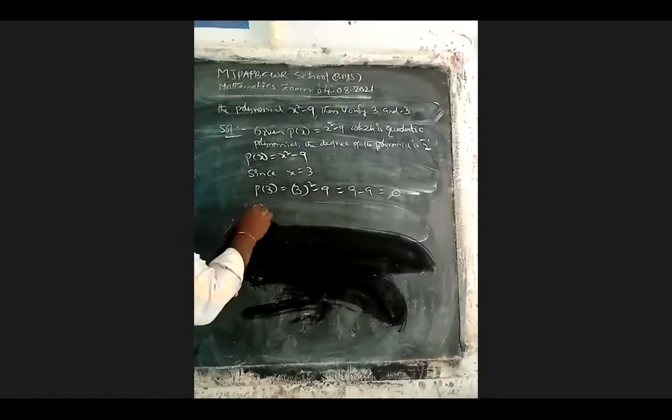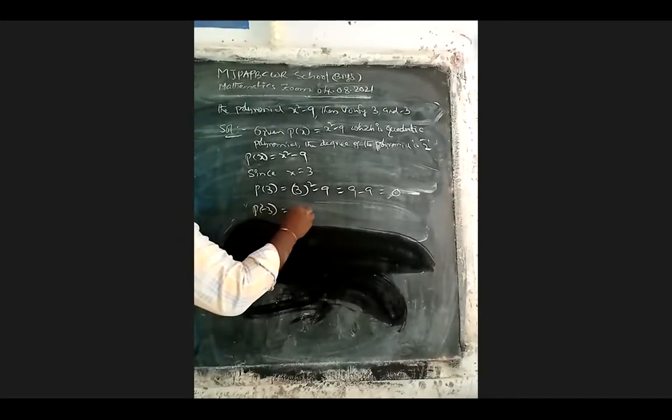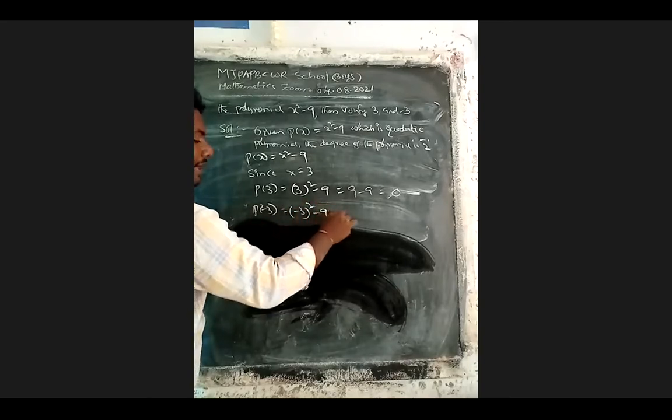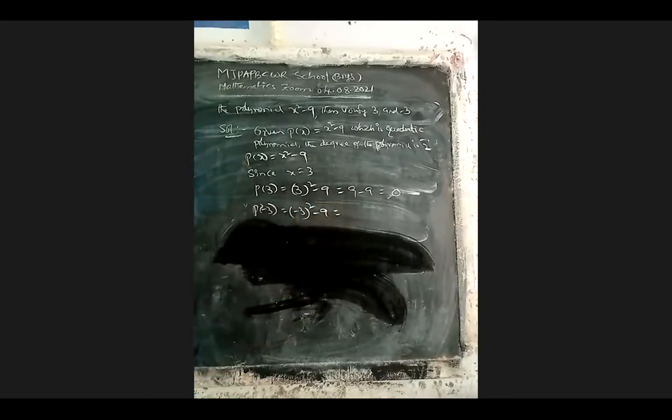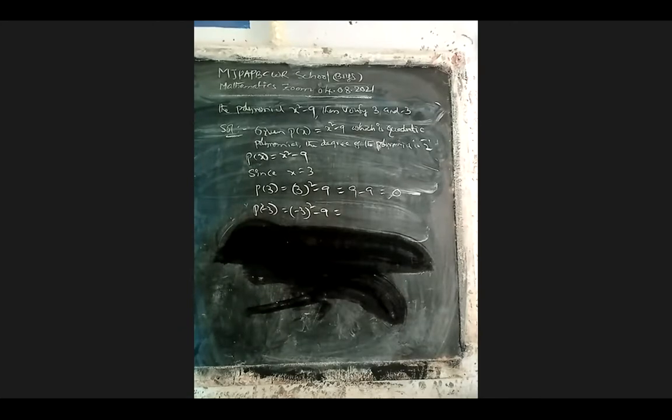Also P of minus 3 equals minus 3 whole square minus 9.